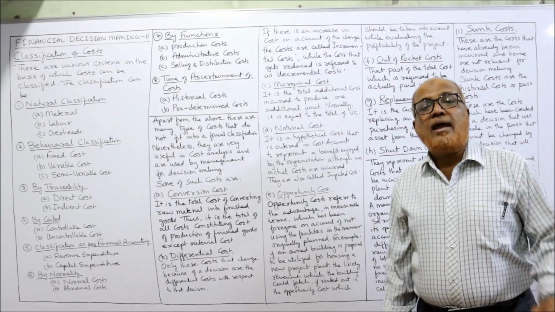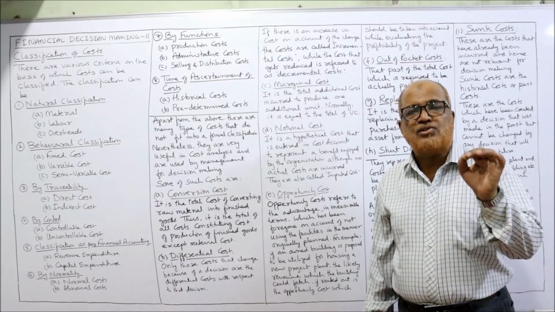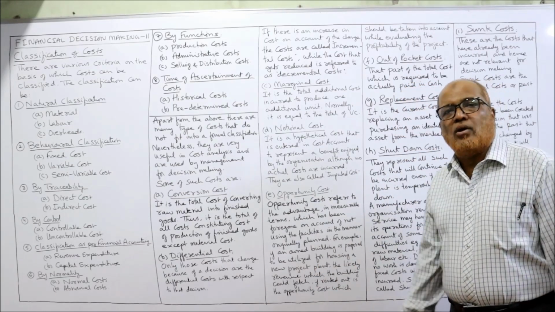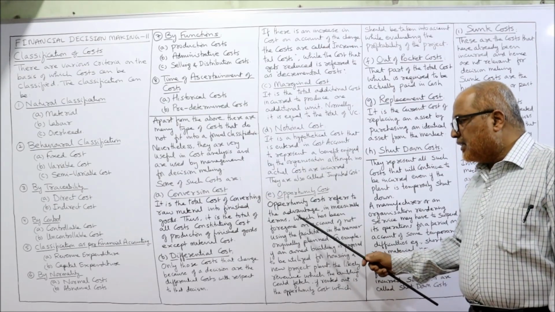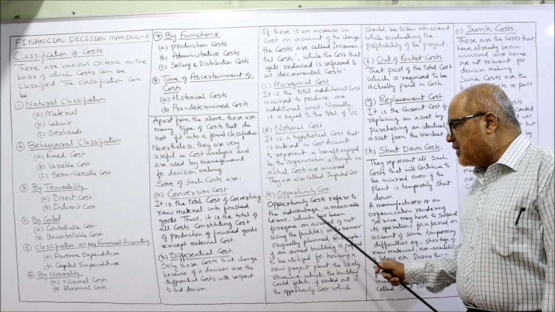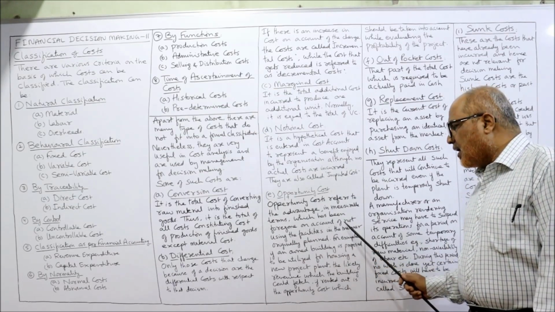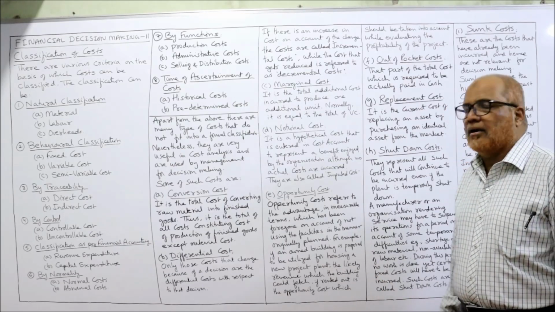Next comes, so very important cost from examination point of view. Now concentrate here. Opportunity cost. It refers to the advantage in measurable terms which has been foregone on account of not using the facilities in the manner originally planned.